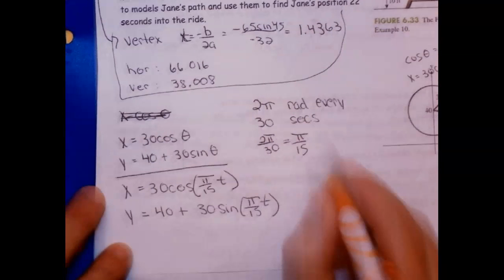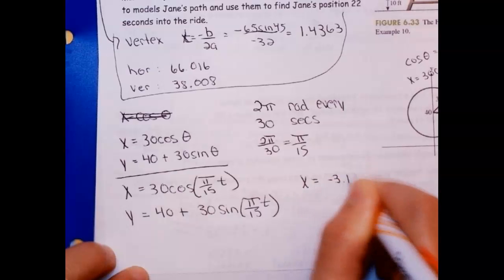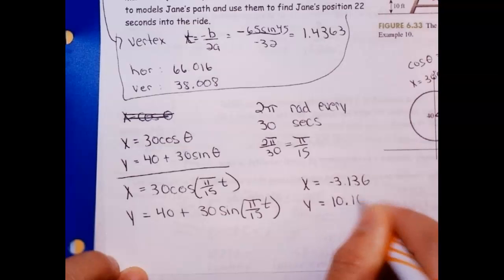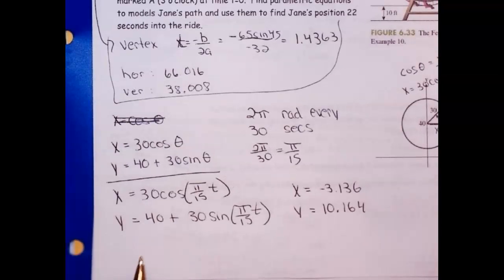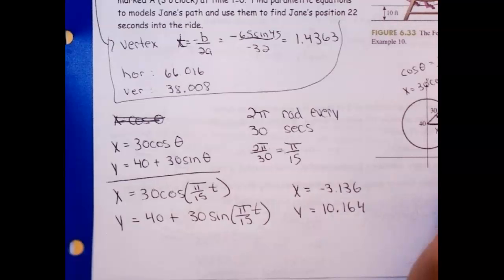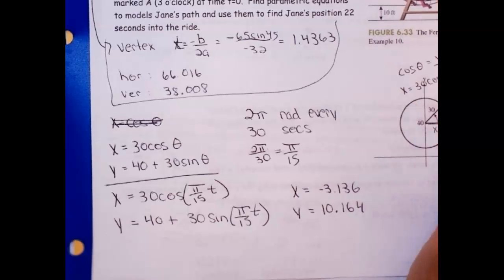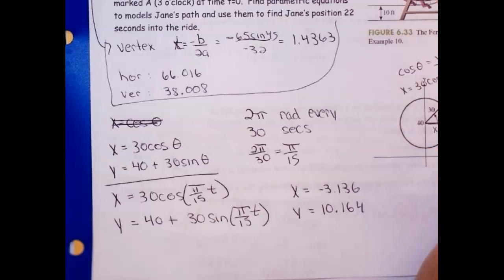So we end up with x equal to negative 3.136. My y is equal to 10.164. And if you think about the 22 seconds, that would be roughly over here because it takes 30 seconds to go all the way. Here would be 15. One revolution every 30 seconds.